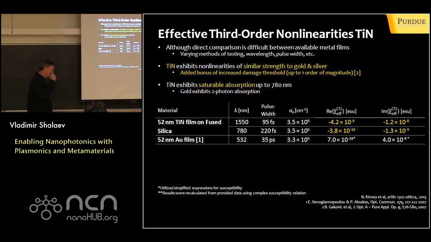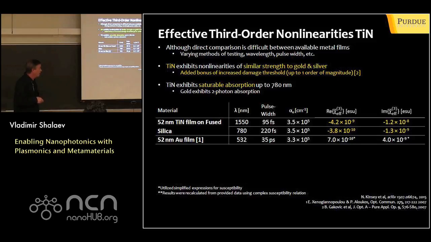And we know that in gold, the nonlinear response is high, which is very good news, because with titanium nitride, you could apply much higher intensity, meaning that you would get a much stronger nonlinear response. Since the nonlinear response is proportional to intensity, if Chi3 is at least as high, in some cases higher, and it could tolerate much higher intensities, you could count on a much higher nonlinear response.